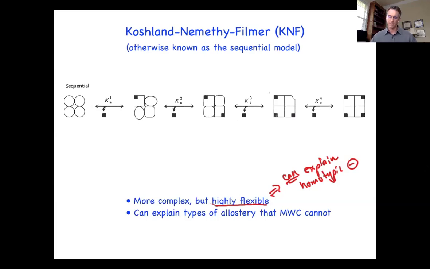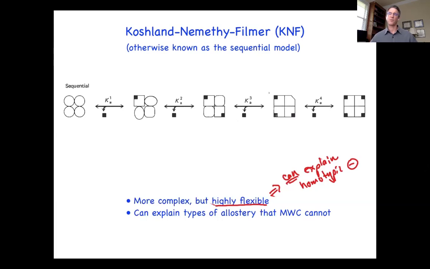The problem that crops up, though, is that flexibility comes at a cost, which is that unlike with the MWC, the form of the binding equations of the KNF model all depend on the molecular symmetry. You need essentially an Adair constant, an intrinsic affinity, for every one of the partially liganded states of the molecule.